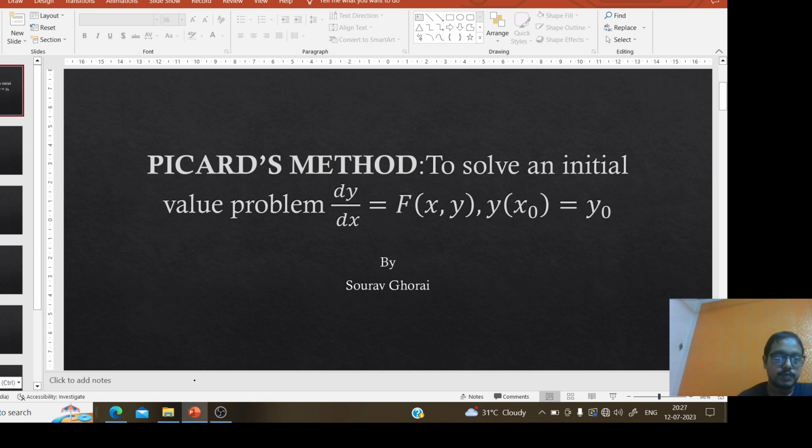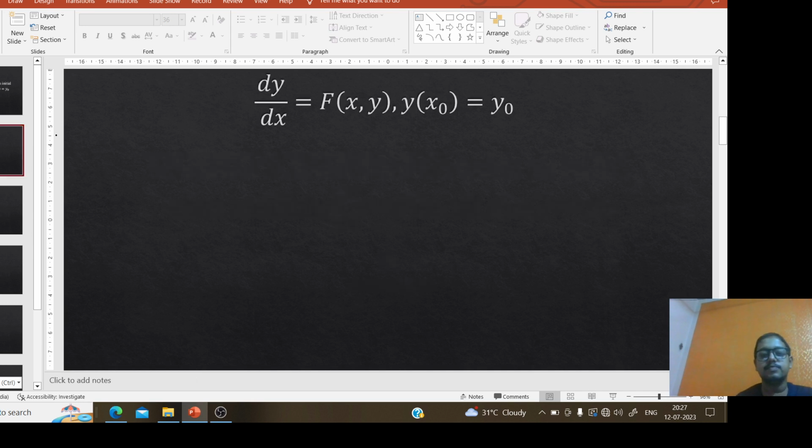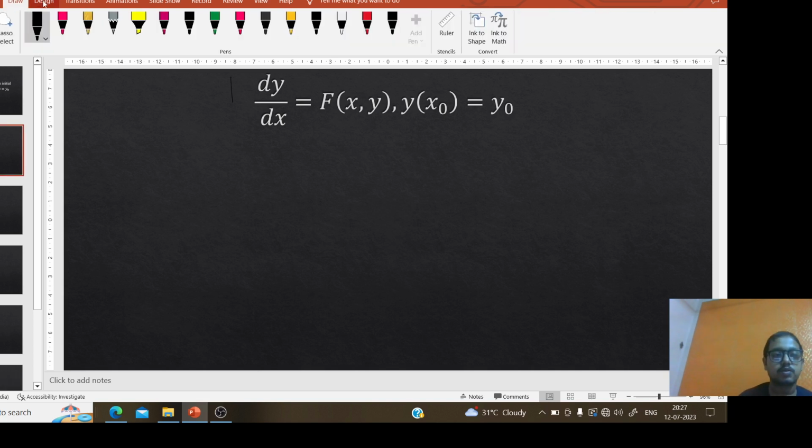So let's start. If we consider the differential equation of first order, dy/dx is equal to f of x, y, with the initial condition y of x0 is equal to y0. How can we solve this type of equation?